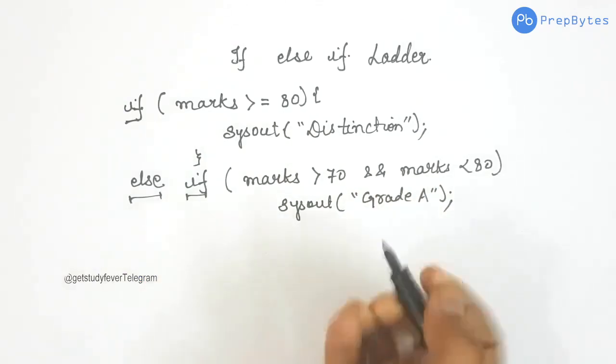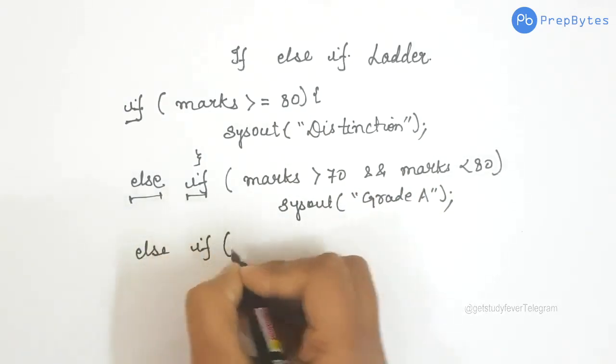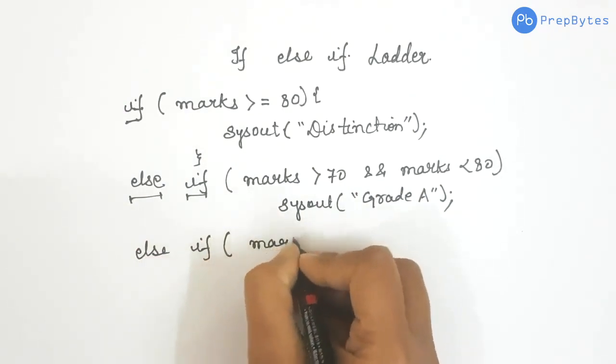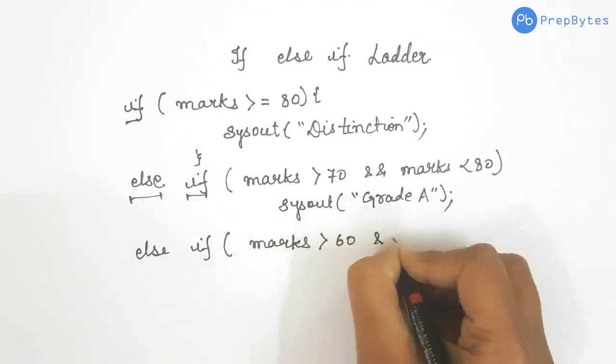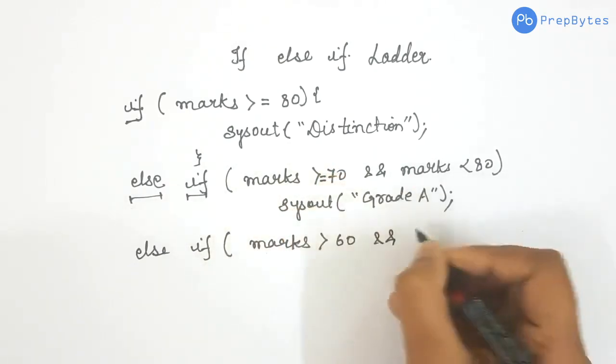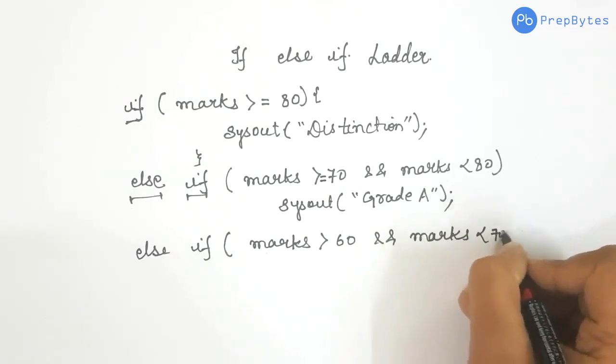Then again we have more situations. We put else if marks is greater than or equal to 60, and we put equal to here only, and marks is less than 70.